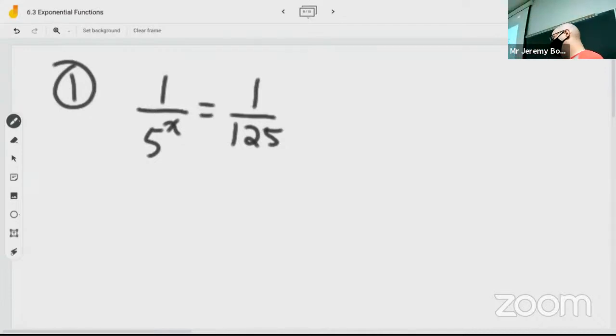There's actually a few ways to work this one out, but think about it. We got 1 over 5 raised to the x is equal to 1 over 125. What do y'all think we can do?